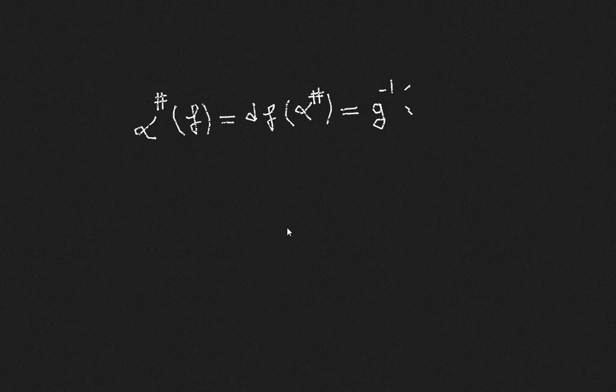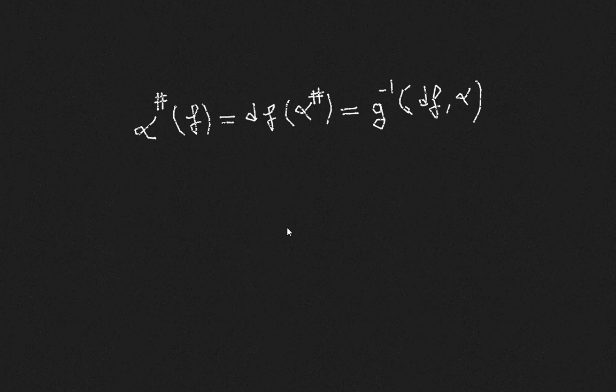Alpha sharp is a vector field, so it acts on functions, on the function f, which is the same as, by definition, df acting on the field alpha sharp, and is actually the inverse metric applied to df and alpha.